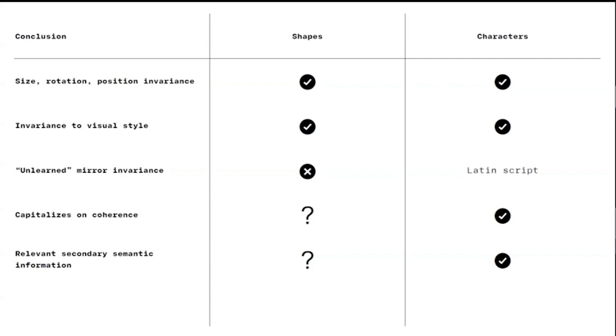Here we go, like general shapes in one column, characters as specialized shapes in the other column. The way we see it, it seems that size, rotation, position invariance are shared. Invariance to visual style is probably also shared. There is something about unlearned mirror invariance. We didn't say it, did we?